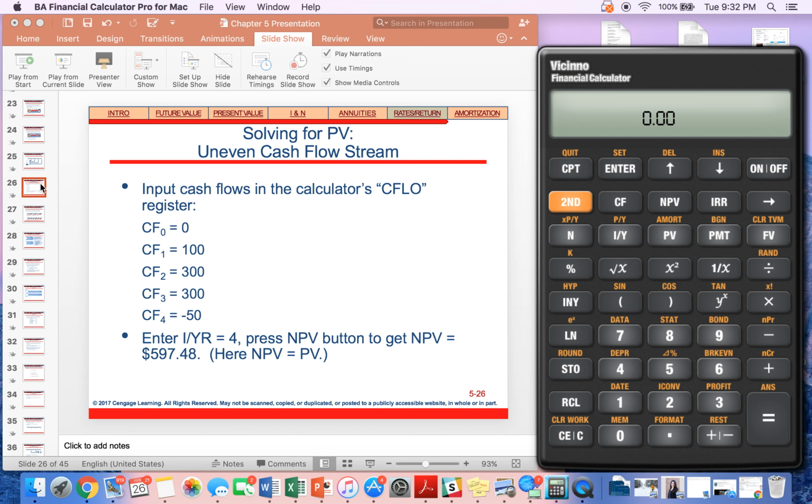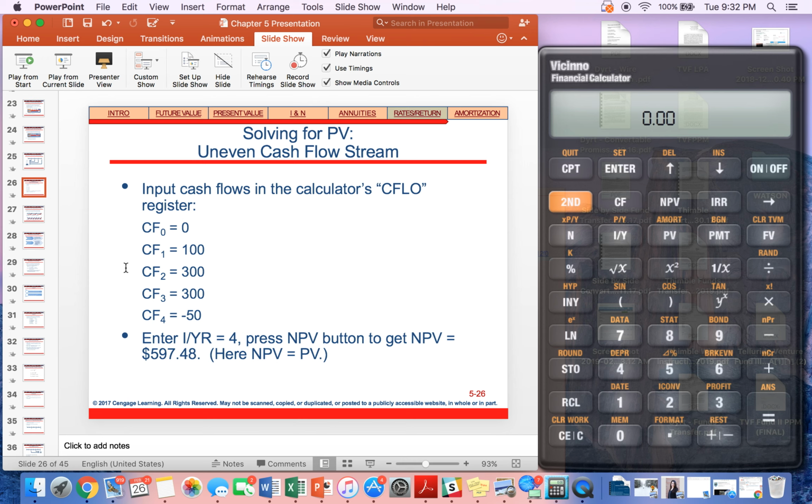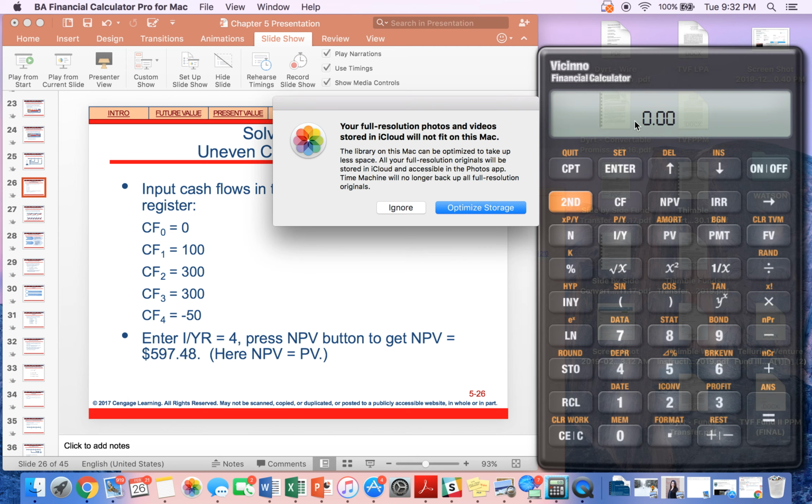In slide 26, they've taken this nice timeline and converted it into this cash flow register for you. Let's learn how to use the cash flow register. Let's come to the right and look at our calculator. Because they haven't told you that this is an annuity due, we know that this is an ordinary annuity, so our calculator needs to be in end mode, and it is.